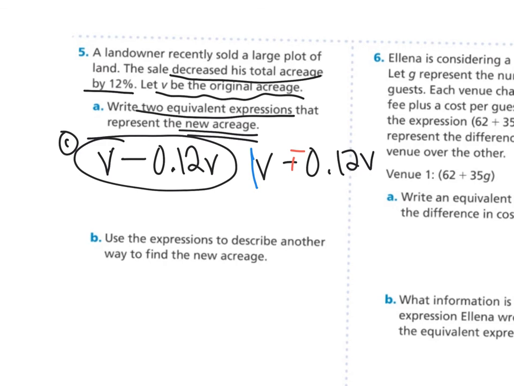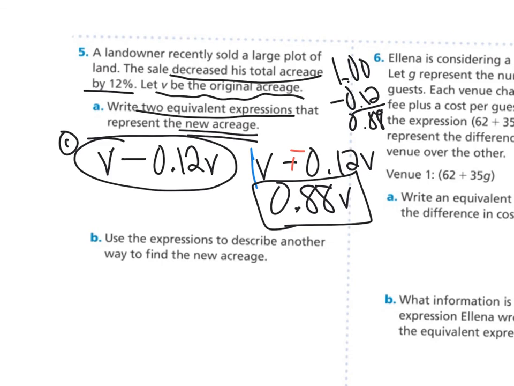So if we have 1 and we take away 12/100, we'll end up getting 88/100. We have more positives here, so that would be 88/100 times V. So like we talked about, that means we have 88% of what the original was, which hopefully makes sense to you. We had 100%, we took away 12%, now we have 88% left.